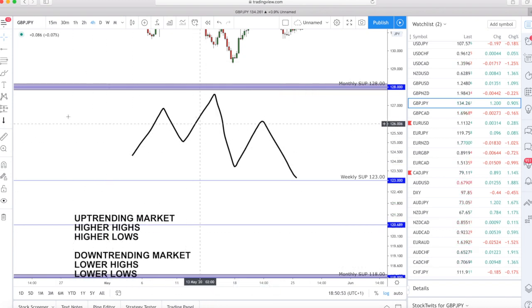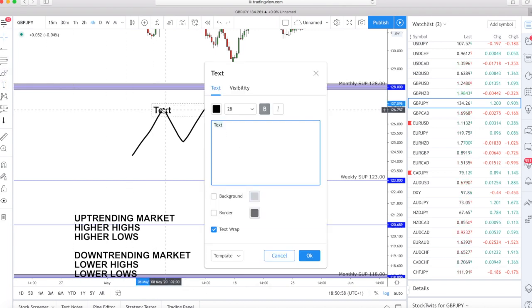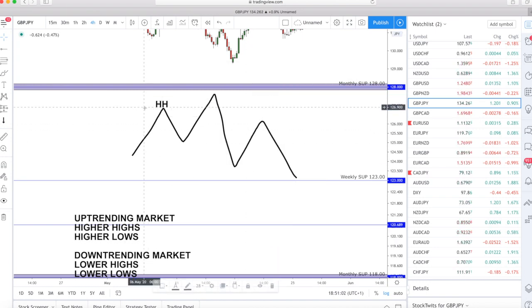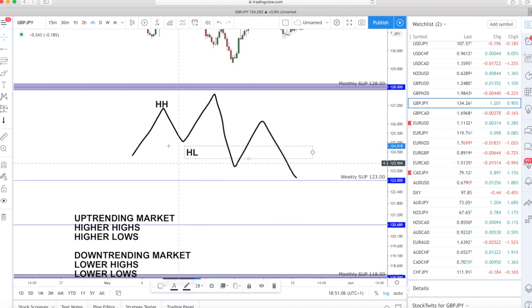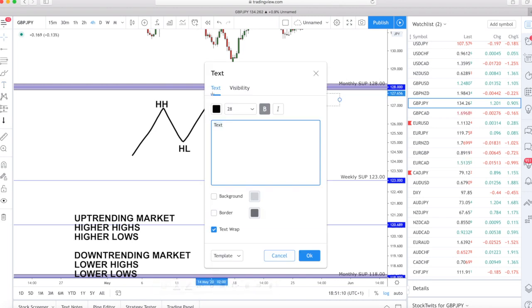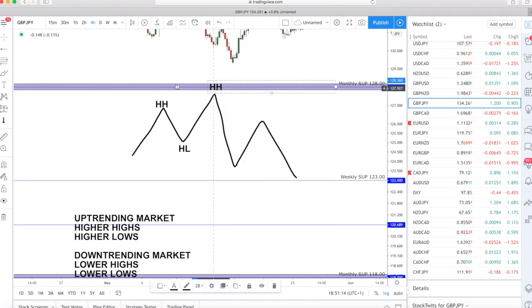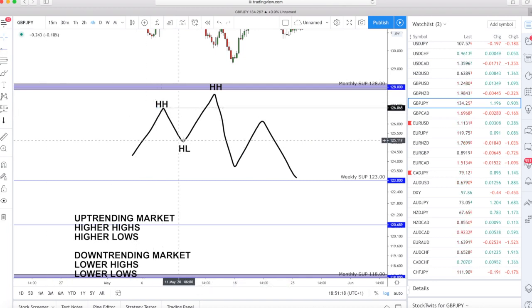So guys, looking at this little chart I've drawn here, this here will be a higher high, this pullback here would be a higher low, and this here will then be a new higher high, because you can see this was the last higher high, price has come down, made a higher low, and then come up here.